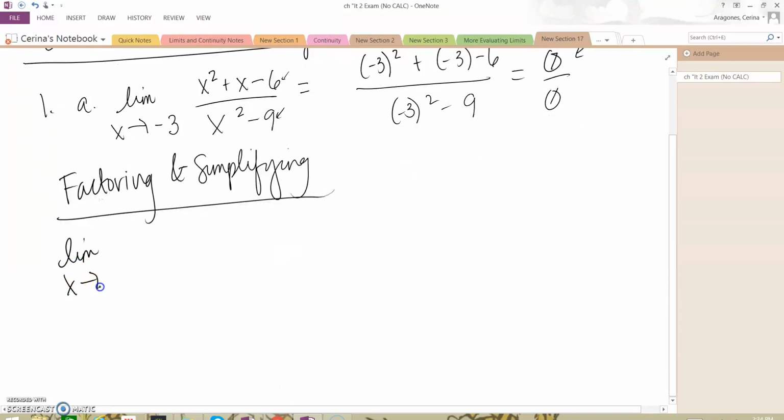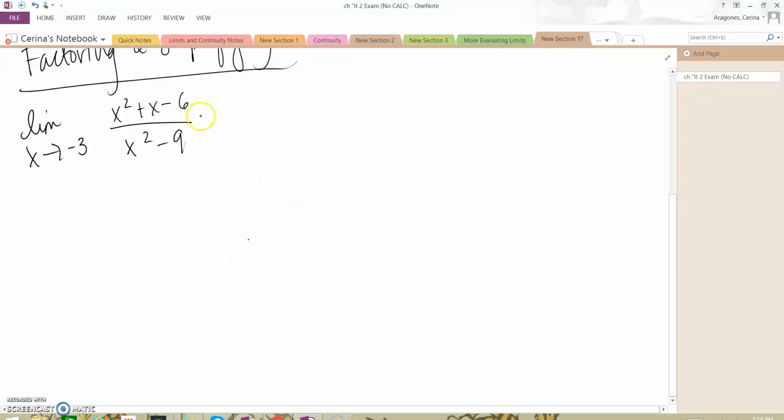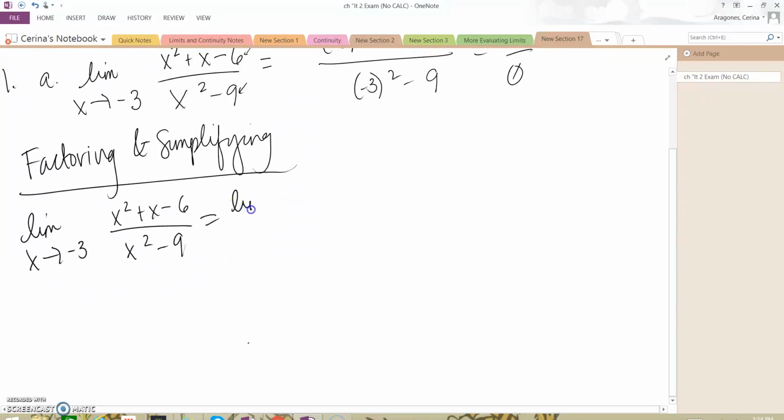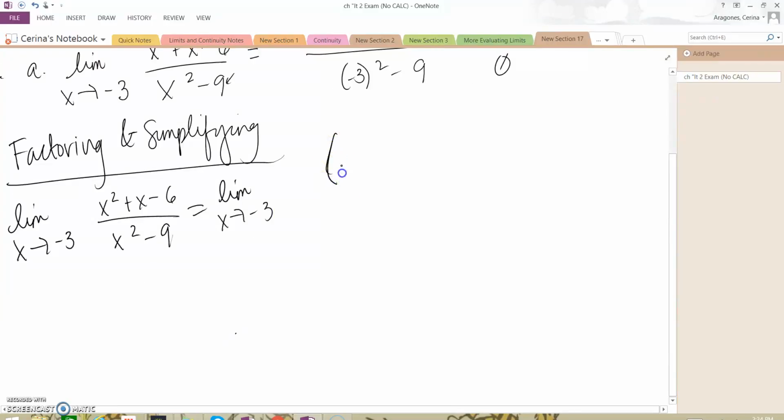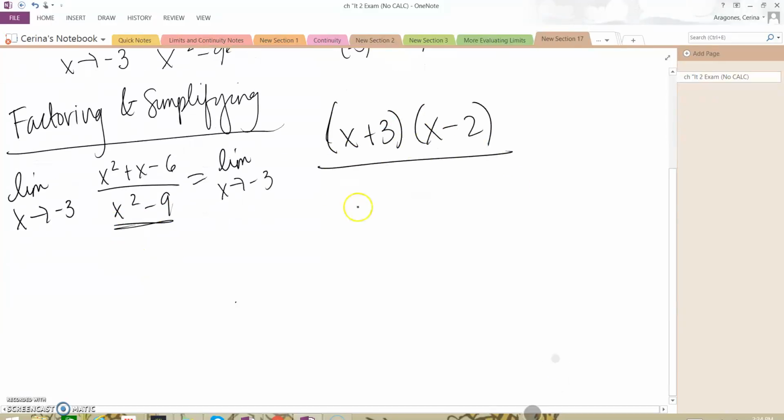The limit as x approaches negative 3 of x squared plus x minus 6 over x squared minus 9 is equal to the limit as x approaches negative 3 of, you can factor the top into x plus 3 times x minus 2, and you can factor the denominator into x plus 3 times x minus 3.